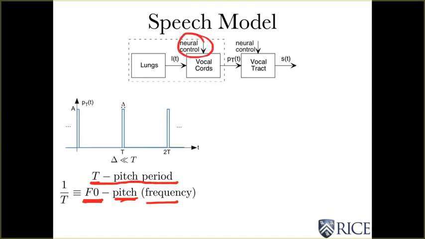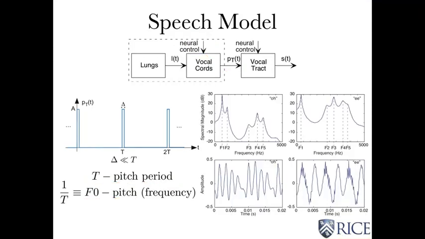Now, that signal serves as the input into what we're going to describe as a linear filter, which has a transfer function which will change according to the vowel or the speech sound you're trying to make.